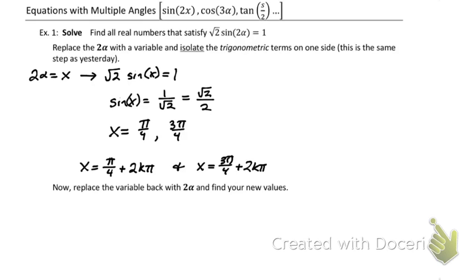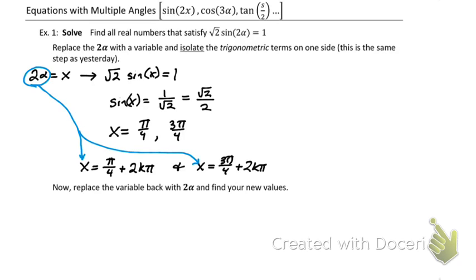This is the first step where I care that it is 2 alpha. So what we're going to do in the next step is we're going to put this 2 alpha back in place for that x. And then we're going to solve for alpha. So what we're doing right now in our next step is we're taking that 2 alpha and we're plugging it in for those x values.